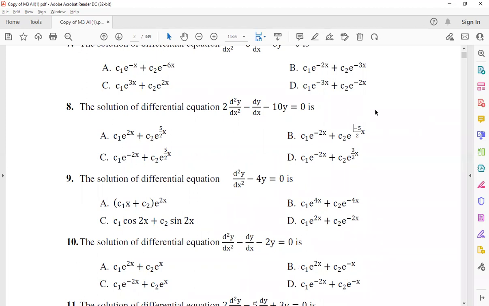So 2.5 is nothing but 5 by 2. As it is minus 5 by 2 here, this option is automatically cancelled. We haven't got 3 by 2 also, so these two options are discarded. Among A and C, your option can be true. So the second root is minus 2. So which one is correct? C is the correct one. Correct.